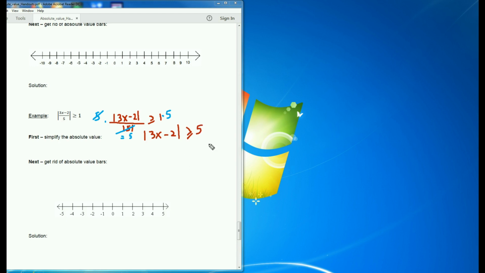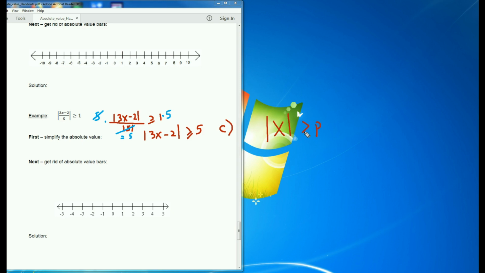Again, go back to the table and look at the methods for solving. This is case C, where we've got the absolute value of an expression greater than a number. Greater than or equal to, doesn't matter.